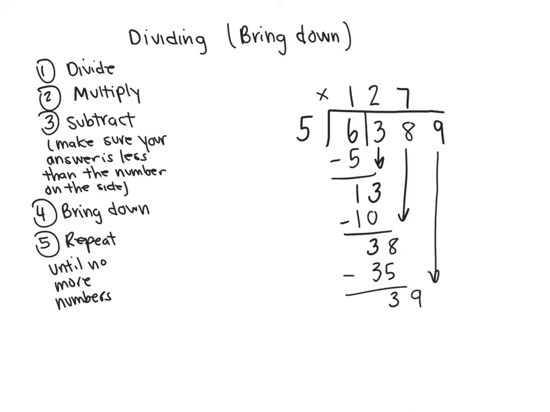And now I've got a 9 here. And now I'm going to repeat. 5 goes into 39. Still 7 times. 7 times 5 is 35. That's step 2, which is multiply. Step 3 is subtract. 39 minus 35 is 4. My answer is less than the number on the side, and I have nothing else to bring down, so that means that this is my remainder of 4.